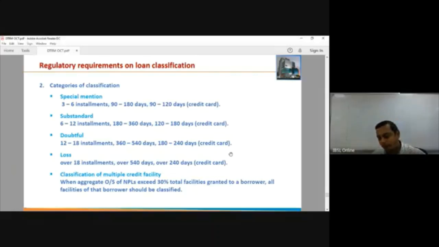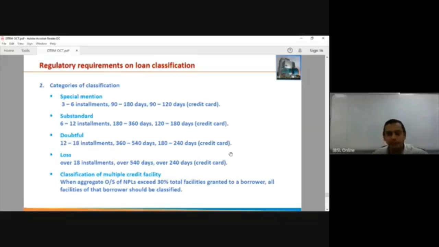Then if even after 6 months, or 180 days, or 120 days, whatever, the customer did not pay, that special mention loan moves to another category called substandard. That bucket remains until 12 months or 360 days, and for a credit card, it's only 180 days. If the customer is still not paying, then the substandard loan moves after 12 months, or 360 days, or 180 days for credit cards, to the doubtful category, right?